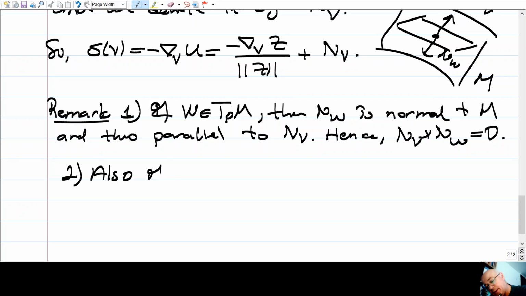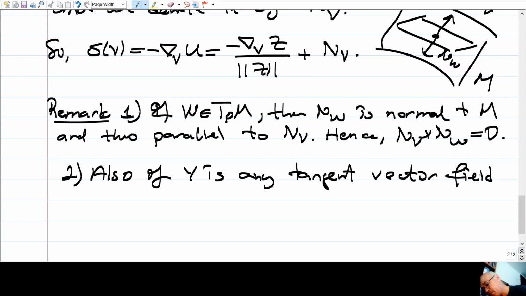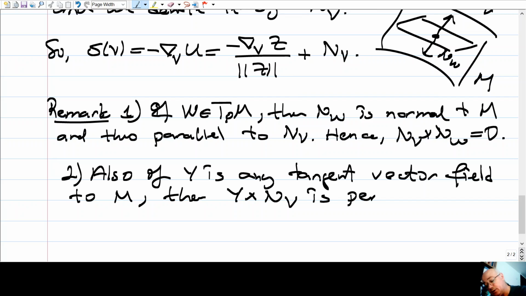Also, if Y is any tangent vector field to M, then of course Y cross NV is perpendicular to both Y and NV, but what we care about is its being perpendicular to NV.